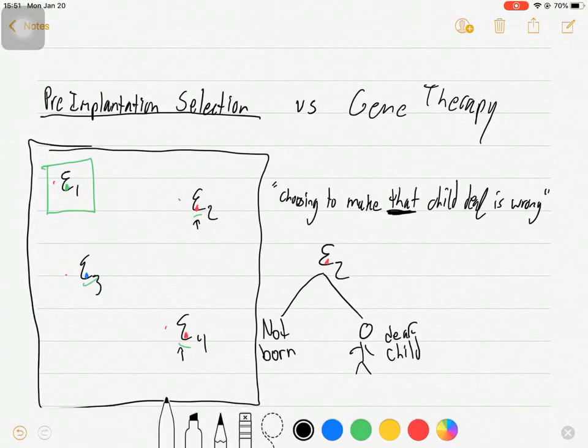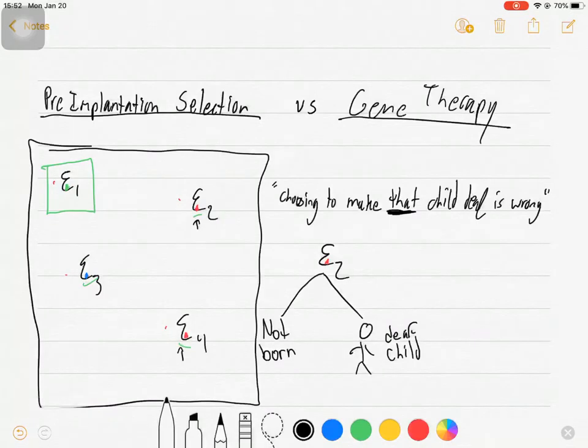Notice that none of these two life trajectories include becoming a hearing child. So let me say that one more time. None of the potential life trajectories of an embryo that has the genetic predisposition for deafness includes being a hearing child right now. Now, I am ignoring cochlear implants and I am ignoring the potential for gene therapy because that's not what the conversation was about.